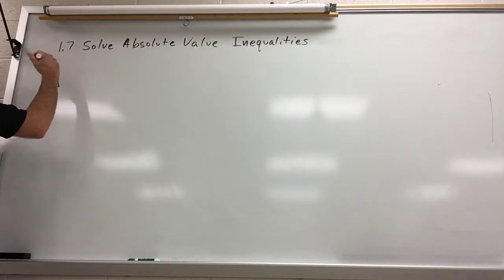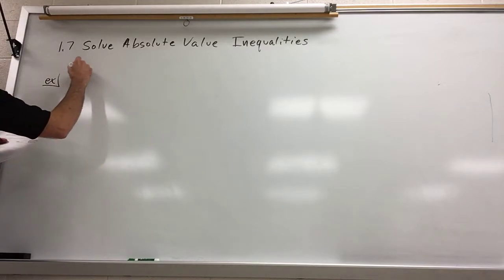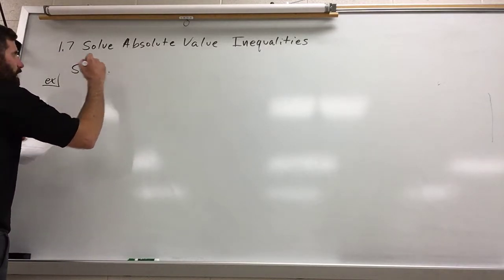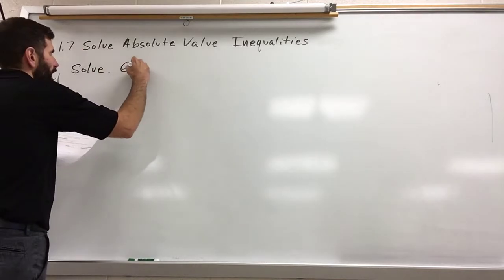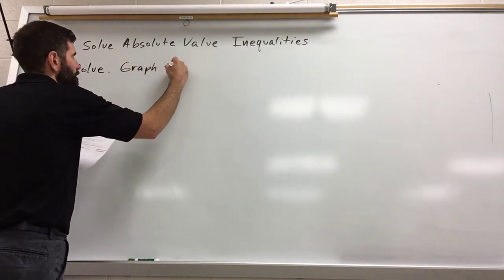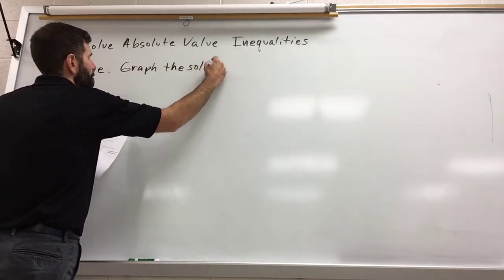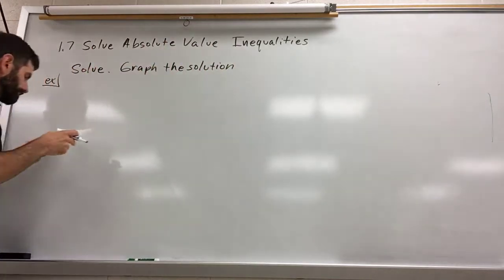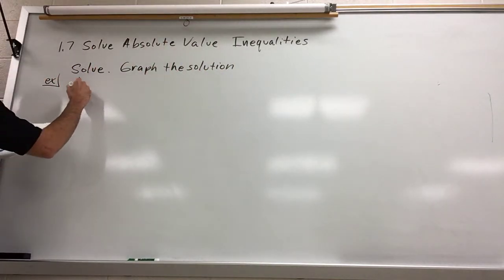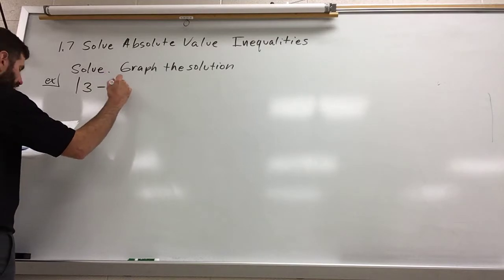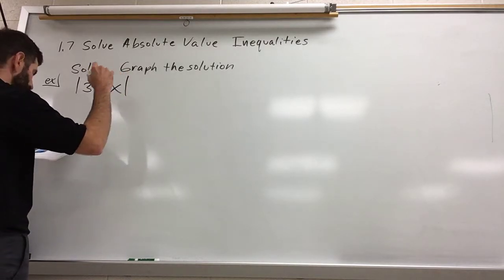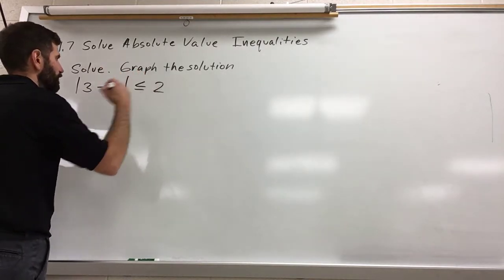For our first example here, the instructions are to solve, and then it says to graph the solution. Our first example is absolute value of 3 minus x, close the absolute value, is less than or equal to 2.